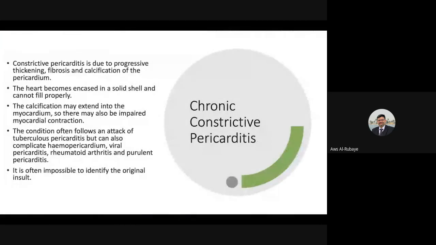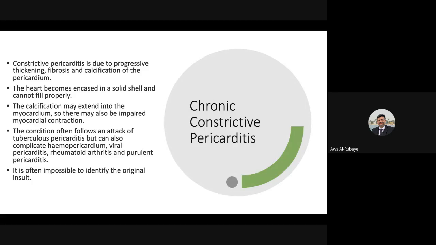Chronic constrictive pericarditis is due to progressive thickening, fibrosis and calcification of the pericardium, resulting in a hard pericardium that is similar to a stone. The heart becomes encased by a solid shell and cannot fill properly, so here the diastolic function of the heart is impaired, and this calcification may also extend to the myocardium, causing impaired myocardial contraction and therefore impairing the systolic function of the heart.